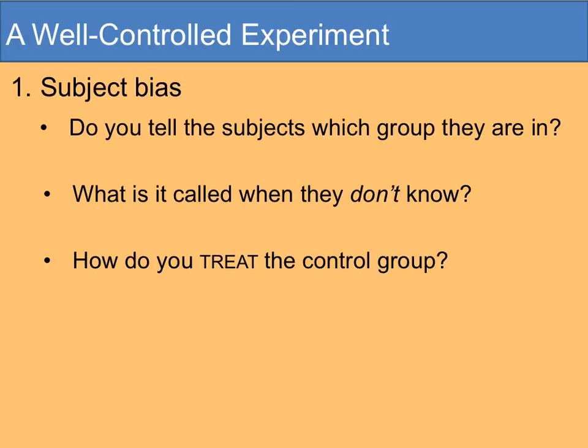If the control group knows they didn't get a drug, and they think the drug will actually work, and they think, well, I didn't get the drug, so I'll probably get sick, then you haven't controlled for the placebo effect. So you treat each of the treatment groups, including the control, exactly the same.